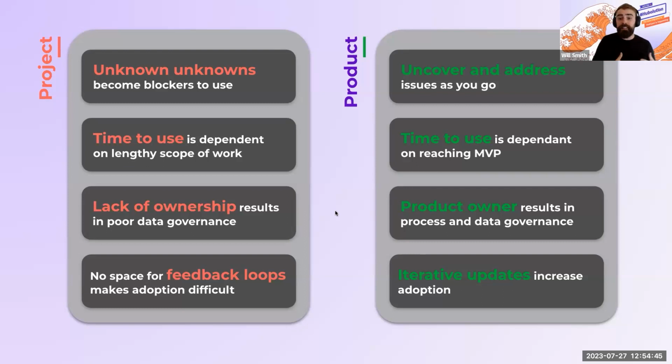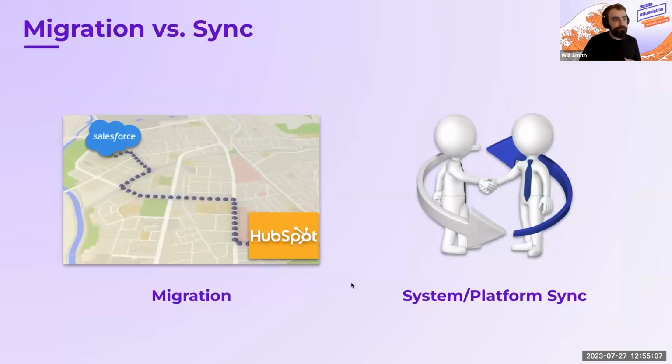And lastly, in a project, there's no base for feedback loops. The people who are actually using this, the boots on the ground, actively using this day to day, have no say in the setup of that CRM platform. And when that happens, they quite often won't adopt it. They won't use it because they don't find it easy to use. They don't find it user friendly. So iterative updates increase adoption.